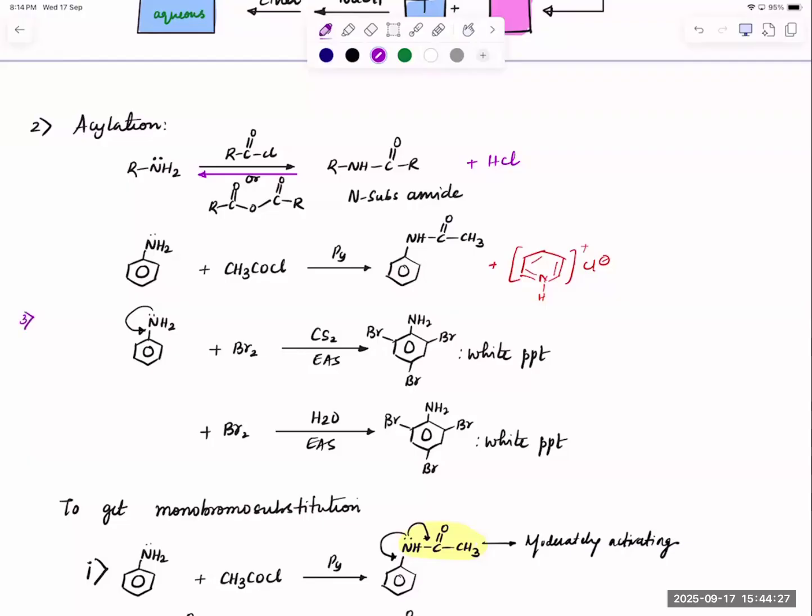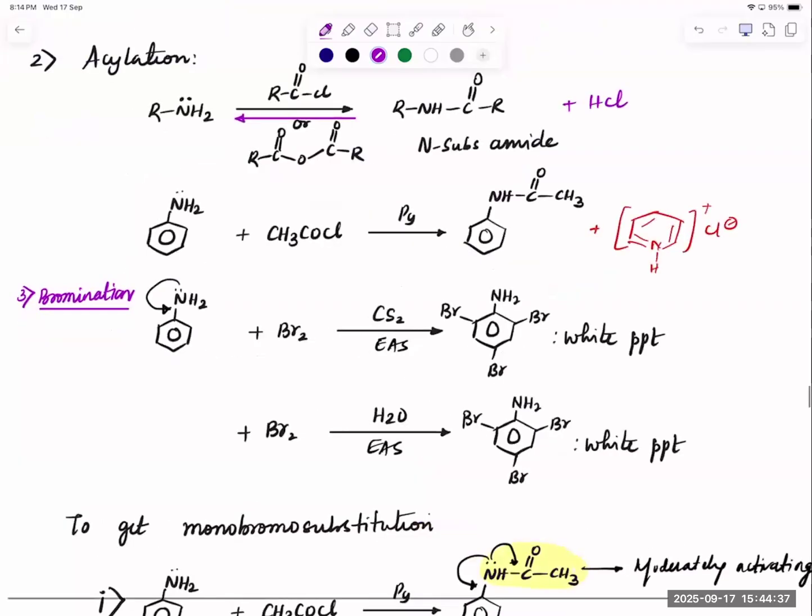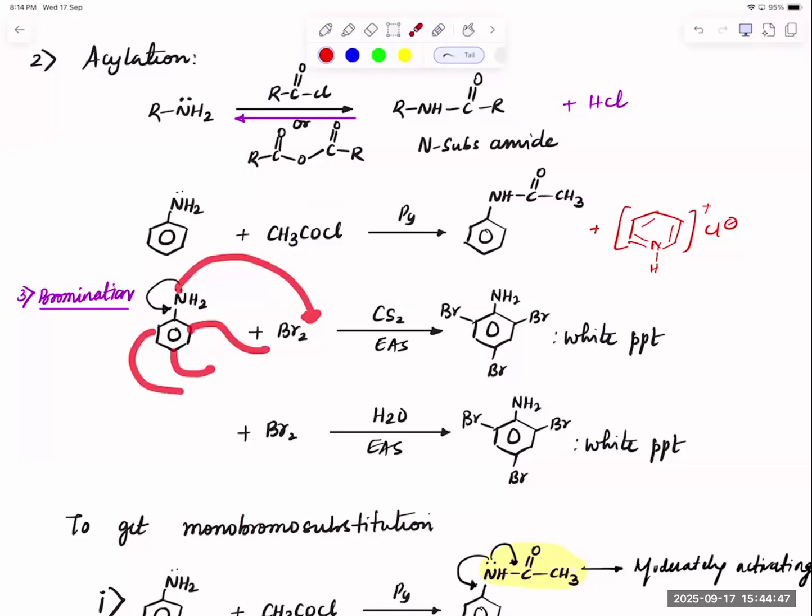The third reaction is bromination. Bromination of amines, we usually do it for anilines. When you take aniline, the lone pair from nitrogen can attack on bromine. Now this could be directly attacking or attacking at the ortho and para positions, depending on the solvent.